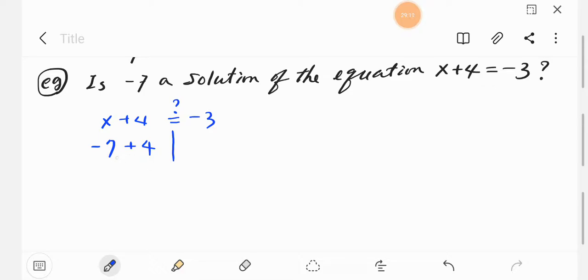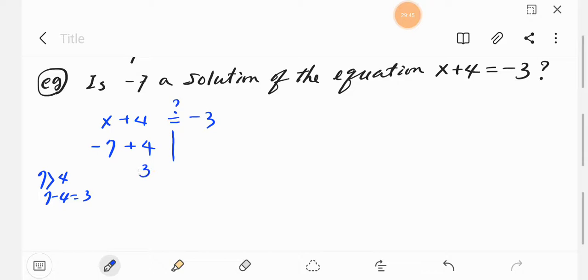These two numbers have different signs. What do we do with different signs? Take the absolute values and actually we are doing subtraction, right? The absolute value of negative 7 is 7, and the absolute value of 4 is 4. Which one is greater? Negative 7. So what we do is 7 minus 4, which is 3.